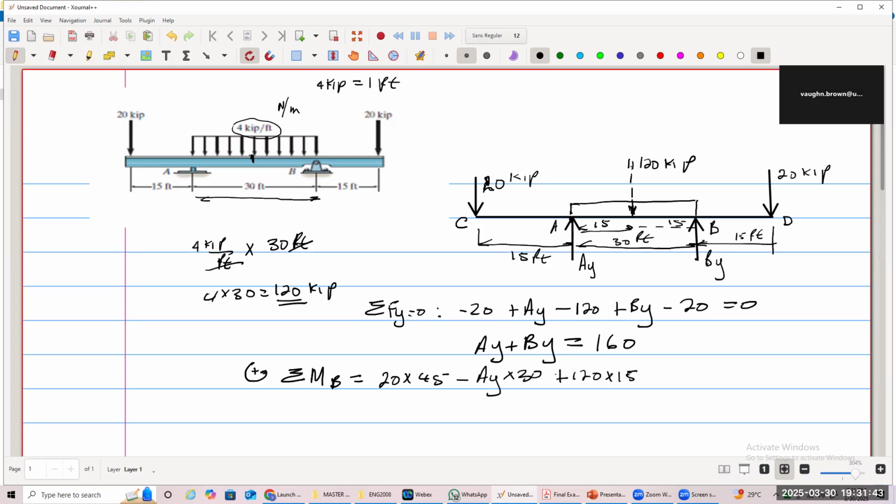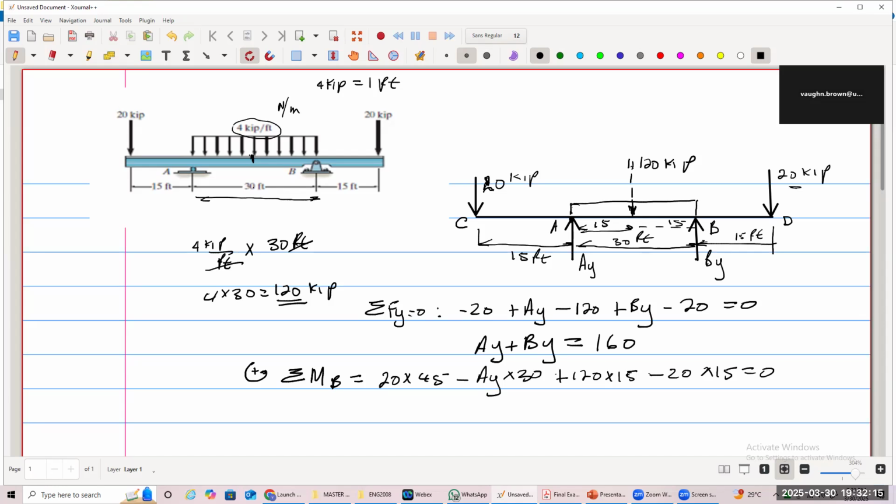The last one now is going in the clockwise direction, because this 20 over there is going clockwise, which is minus. So it's minus 20, and the distance from here is 15, so it's 15, equal to 0. So that's standard. Let's calculate them out. You guys have your calculator there.